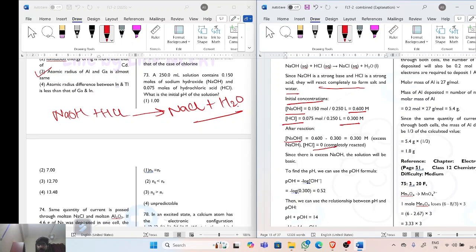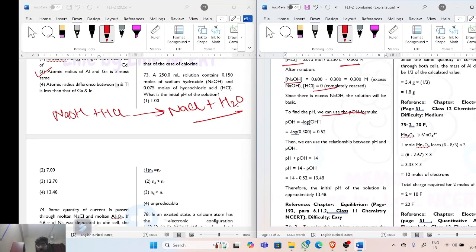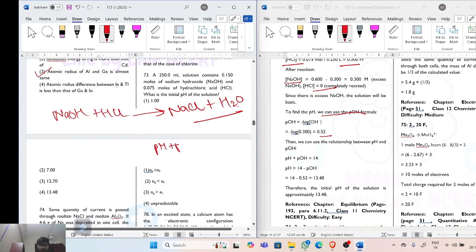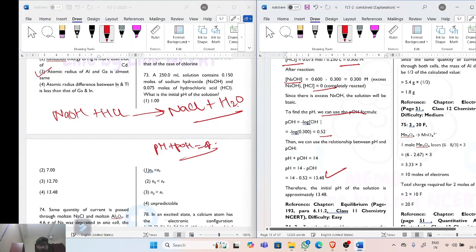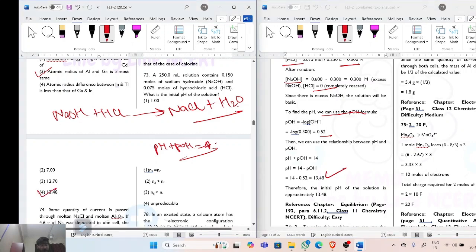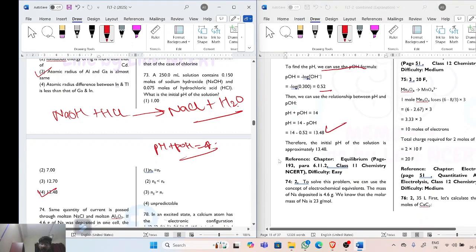Since NaOH is in excess, the solution will be basic. To find the pH we use the pOH formula: pOH equals minus log of the concentration of OH. The pOH comes out to be 0.52. We know pH plus pOH equals 14, so the pH will be 13.48. So option number 4 is our correct answer.